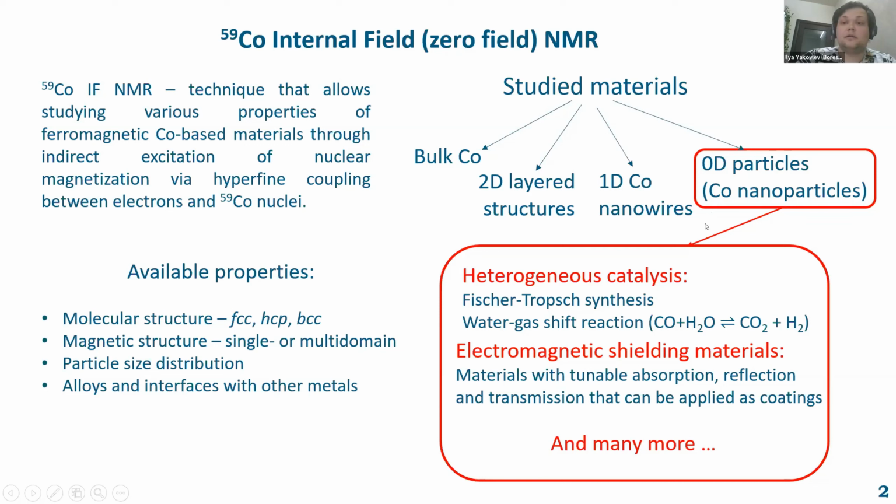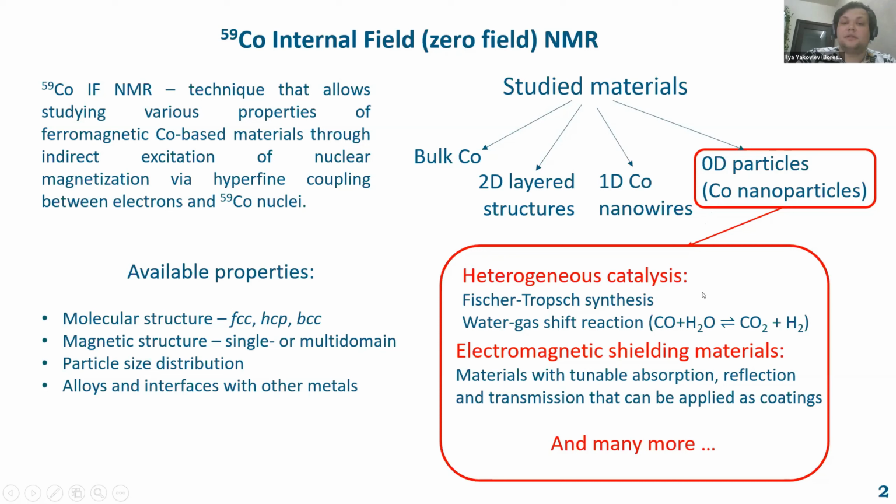Cobalt nanoparticles can find a lot of different applications. Some of the important ones are, of course, heterogeneous catalysis. The important examples of cobalt catalysts are catalysts for Fischer-Tropsch synthesis or water-gas shift reaction.